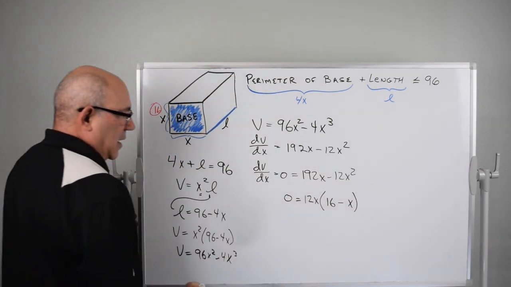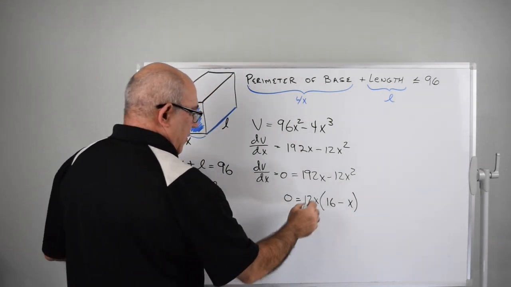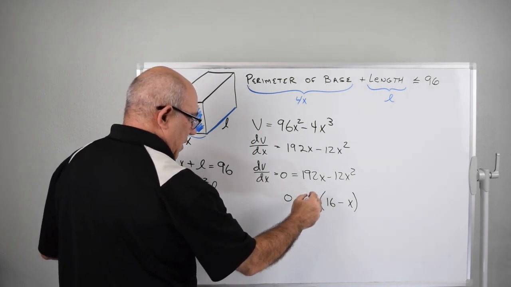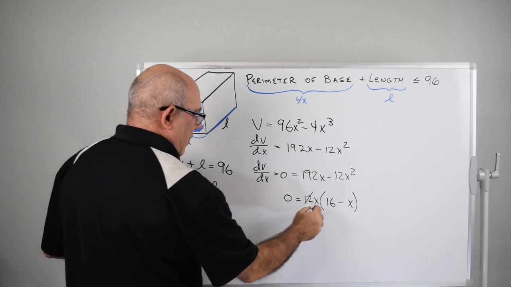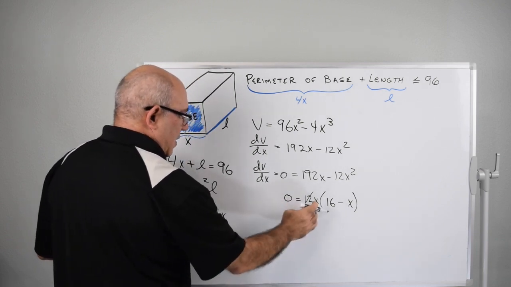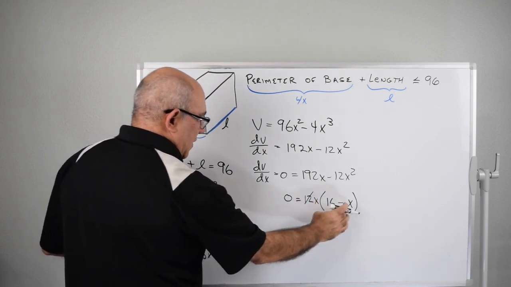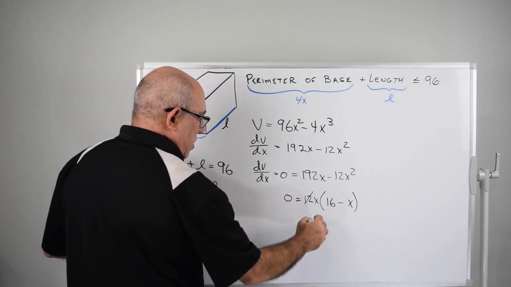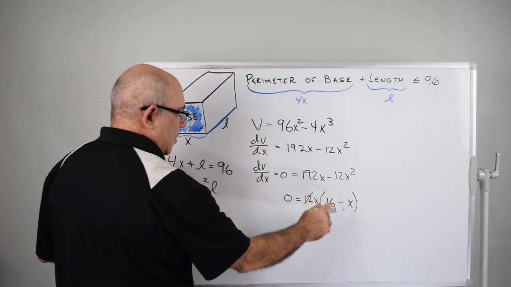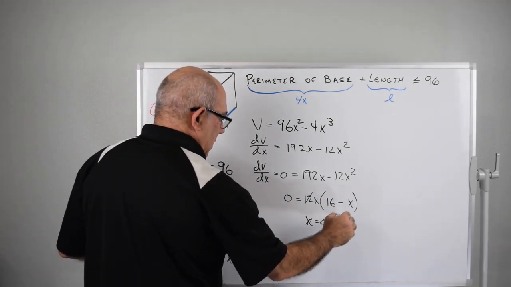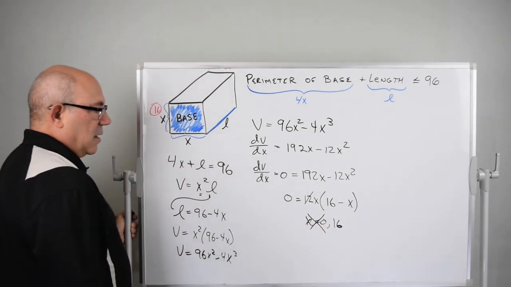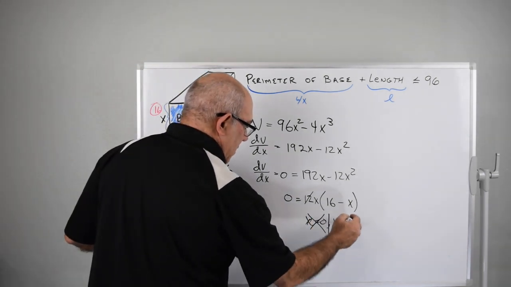Then we can divide this by 12, and that 12 will go into 0, so it just goes away. We have x times 16 minus x equals 0. We know x can be 0, or x can be 16. There are two solutions here, and either one will get us a 0. But we don't want x to be 0, so we know x is 16.